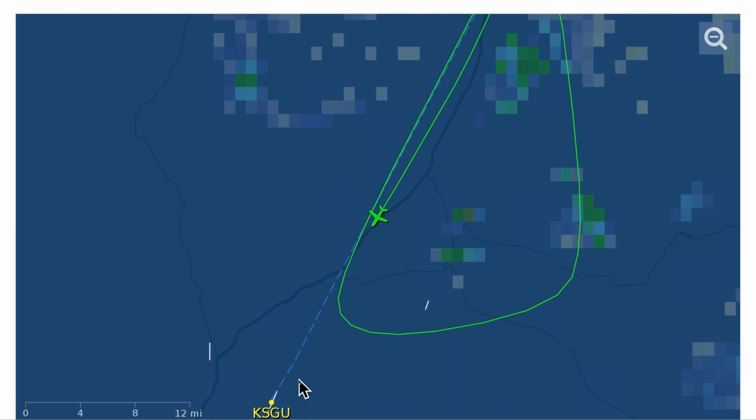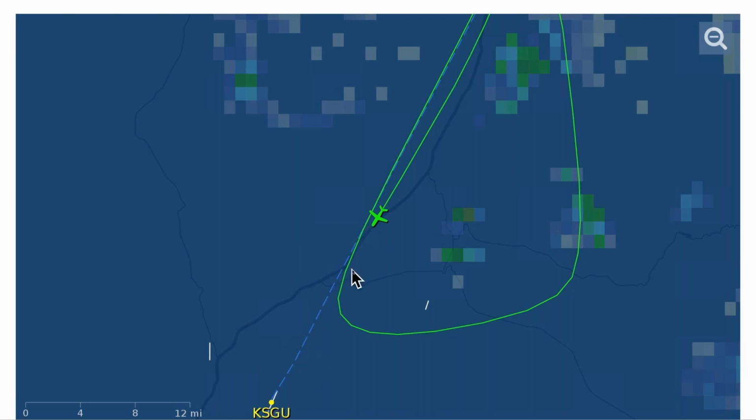There's a lot of low-level clouds, and then the fog just rolled in. It only lasted for like 20 minutes or so, just enough time for her to come in and do another approach on the airport.